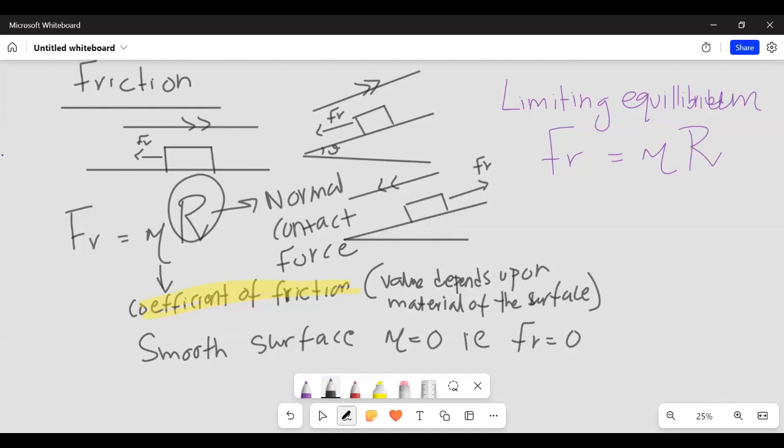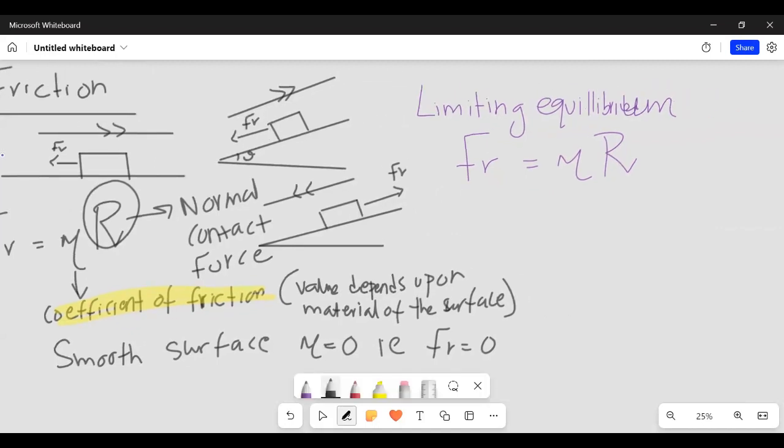Okay. Now, what is limiting equilibrium? I have the definition somewhere. Wait a second. Please write this down.